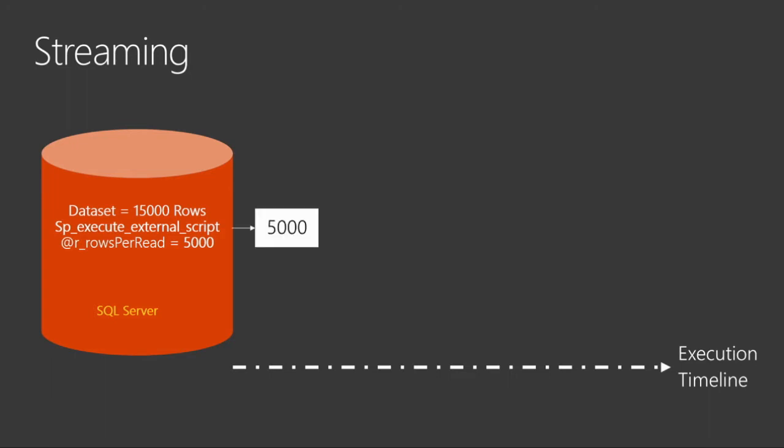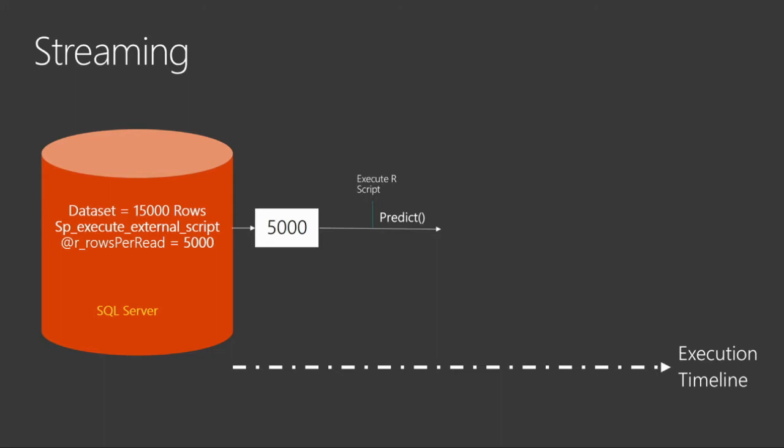So we'll start sending the first 5,000 rows, and the script will start to process. This is a prediction, so it's the R predict function that's going to be run on these first 5,000 rows.